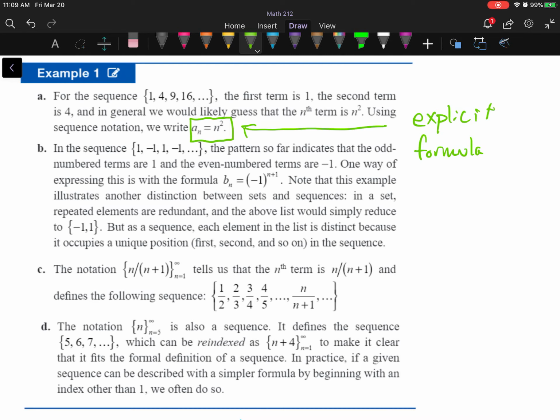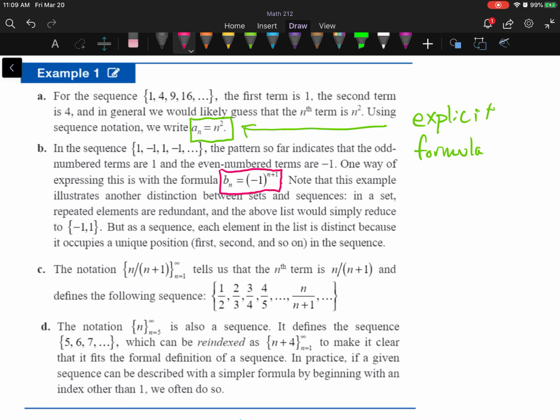In part B, we have a sequence here that oscillates between 1 and -1. And you can see that we have the formula b sub n equals -1 to the n plus 1 power. This is an interesting example to look at because it illustrates the differences between sequences and sets.